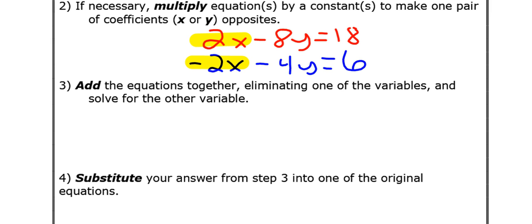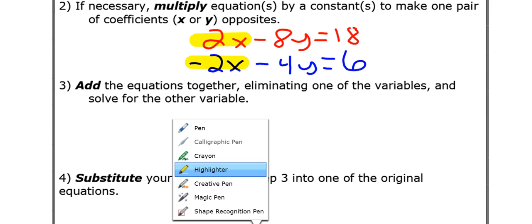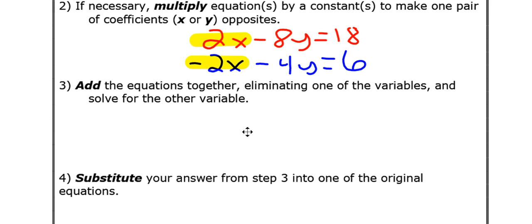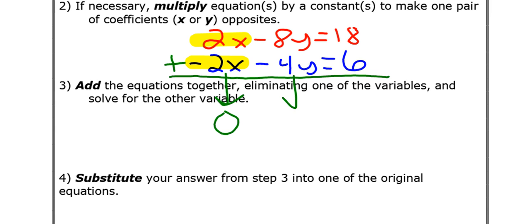Our next step is to add the equations together. It's almost like back in elementary school where you had an addition bar down here. You're adding them up, so eliminating one of the variables. I'm just going to go straight down. 2x minus 2x is just 0. Negative 8y minus 4y is negative 12y.